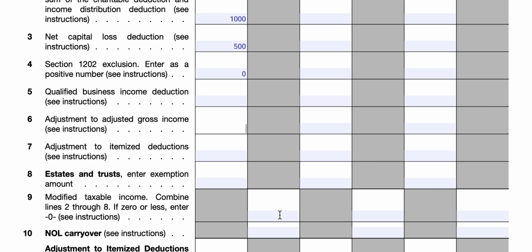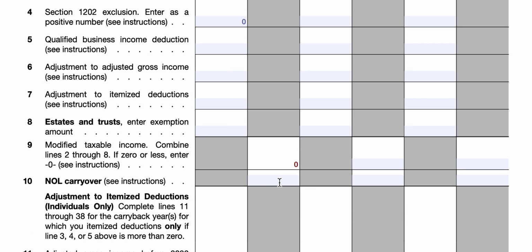So if this is 0 or less, you'll enter 0, and then you'll need to see the form instructions, which basically say if 0 or less, enter 0. For line 10, the net operating loss carryover is whatever you subtract line 9 from line 1. So if this number is 0 or less, then you'll enter 0.